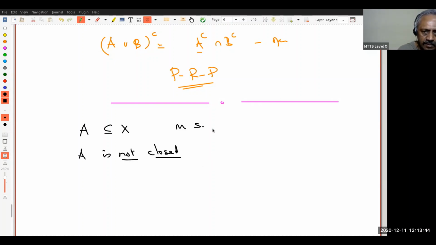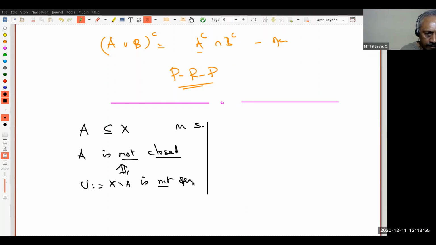And A is not closed is the same as saying U, which is X minus A, is not open, right? So to say A is not closed is equivalent to saying its complement is not open, because that's the definition. You understand? So I want to understand when A is not closed, which is the same as saying U is not open. Okay, let us see.